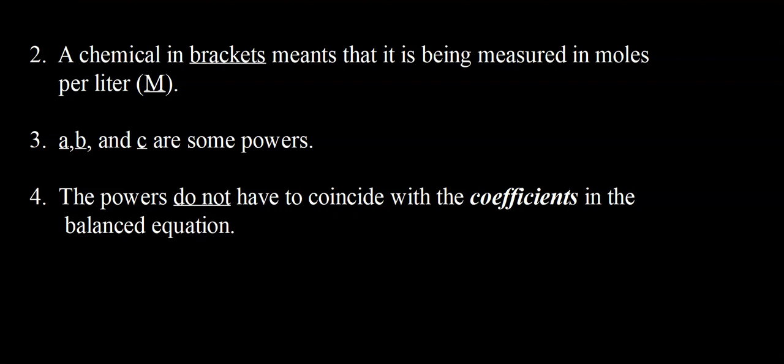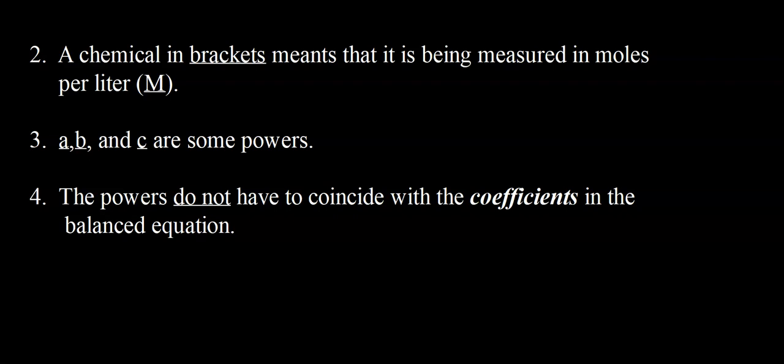So again, a, b, and c are called orders. They are some power. For this class it's going to be pretty easy, they could be 0, 1, or 2. In higher levels of chemistry, sometimes those powers are negative, sometimes they are fractions.